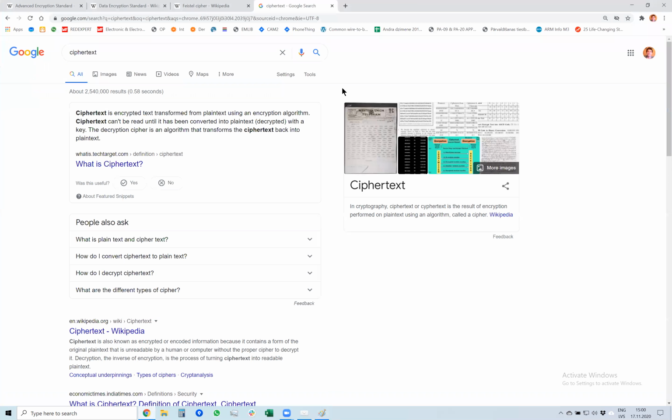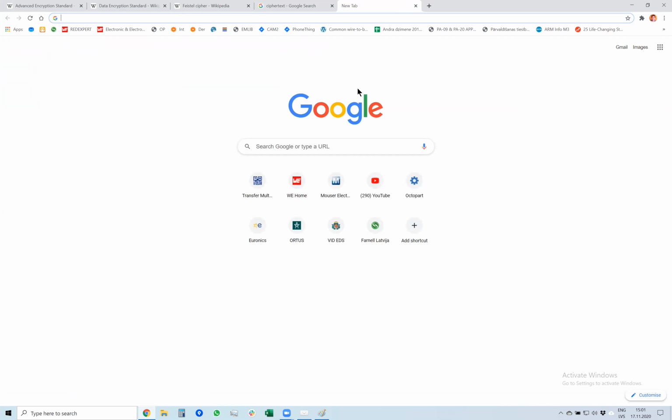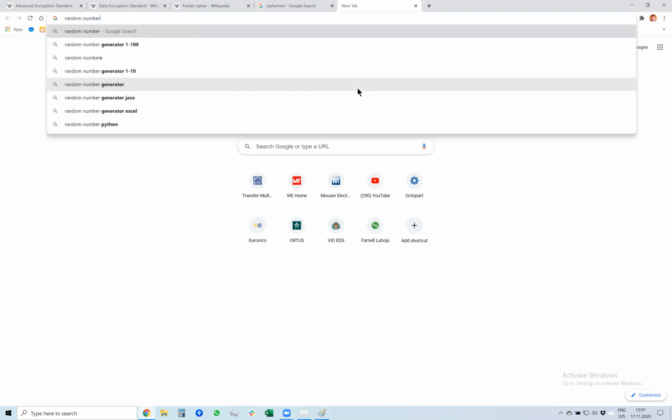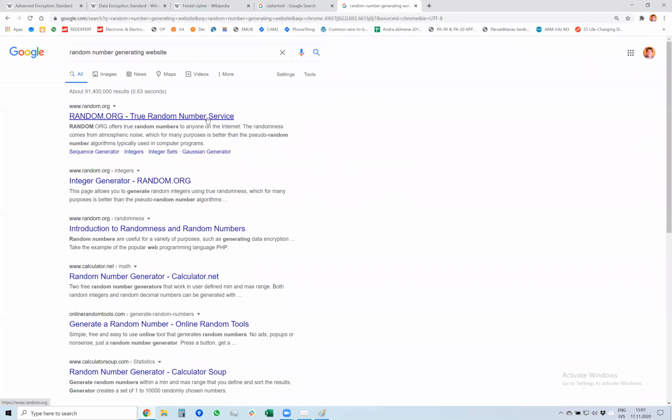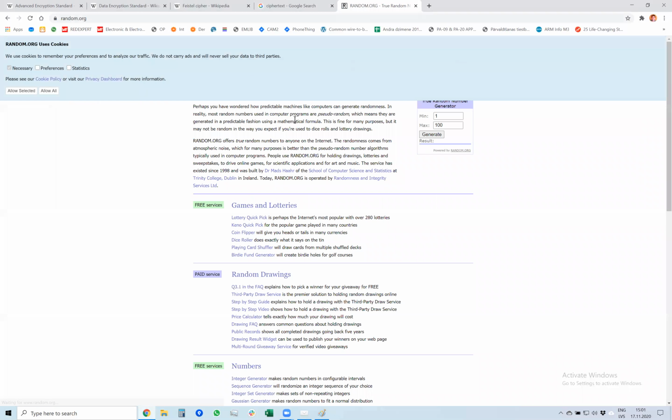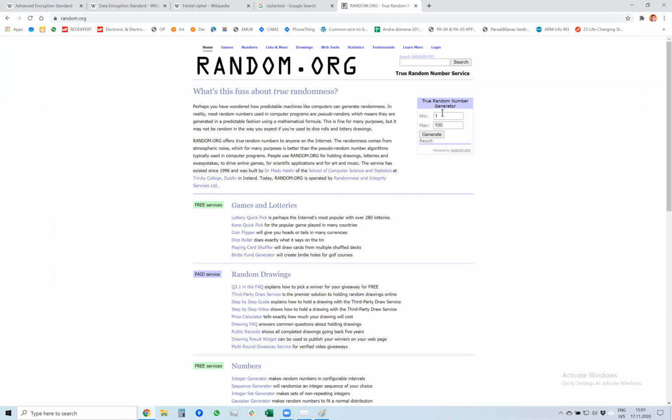And actually, there's a website which you can use to generate random numbers. Of course, maybe this website is actually compromised, you don't know, but theoretically, it's a random number generating website. So random.org, accept all cookies, true random number generator.